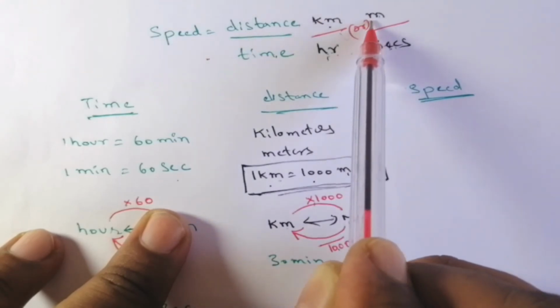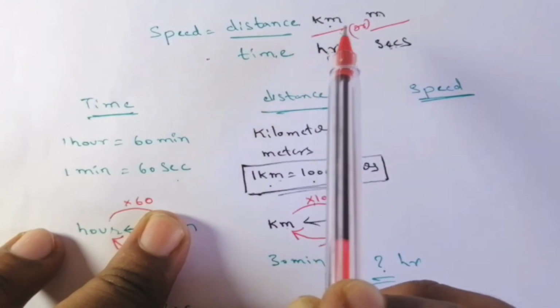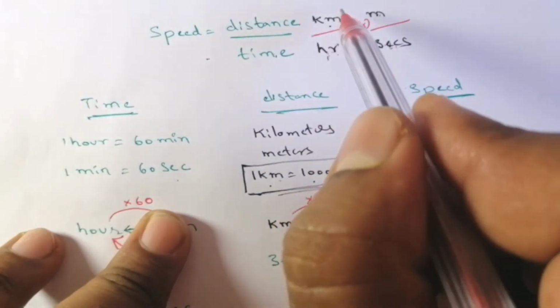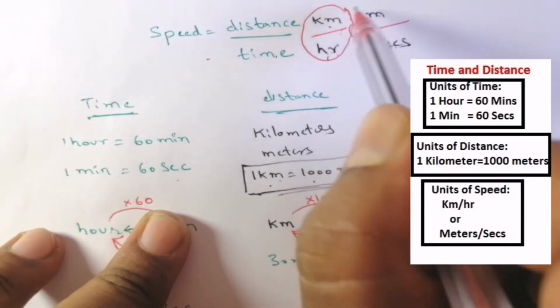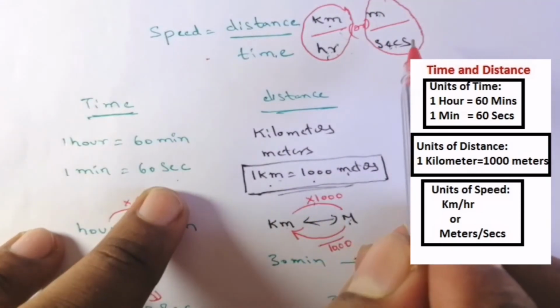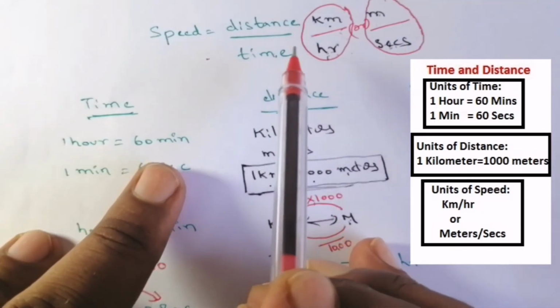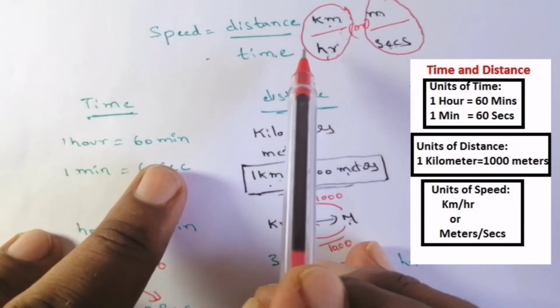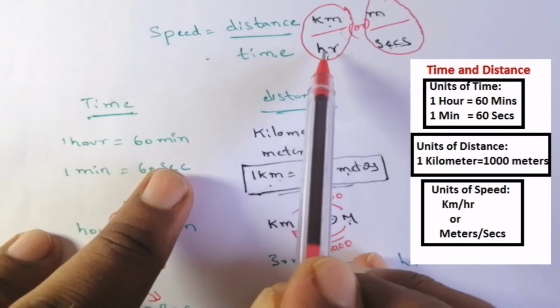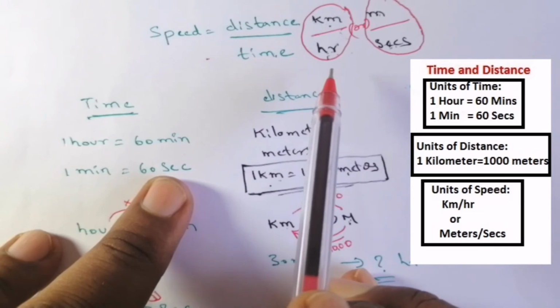That is, we convert from kilometers to meters, or else convert hours to seconds. But the pattern should be the same: either kilometer per hour or meter per second. This is where we majorly make mistakes in problems, so we have to concentrate on these things.